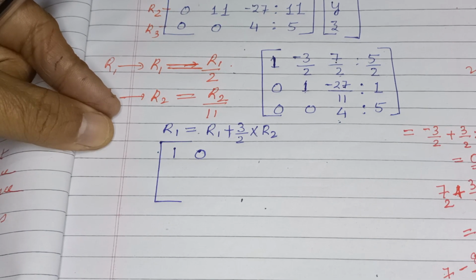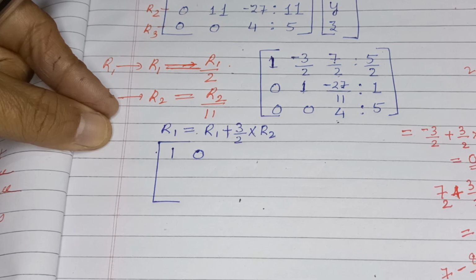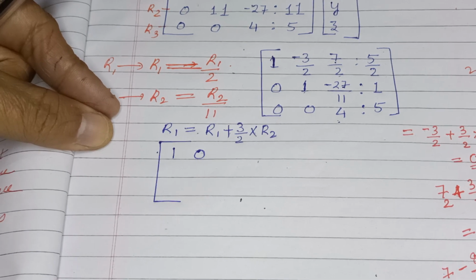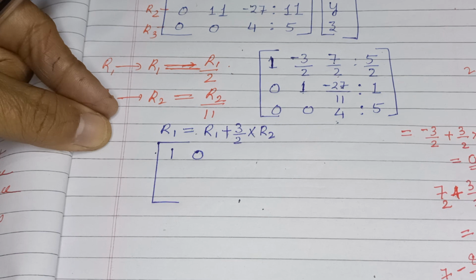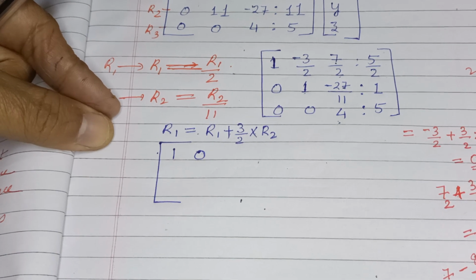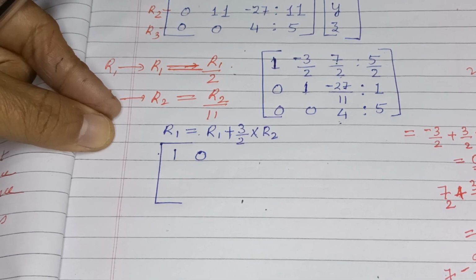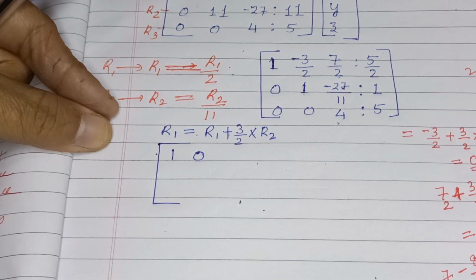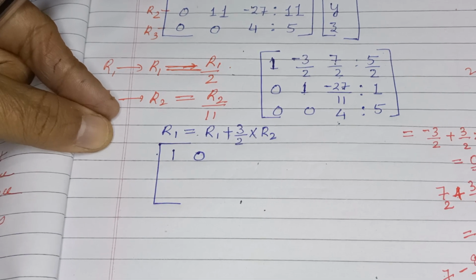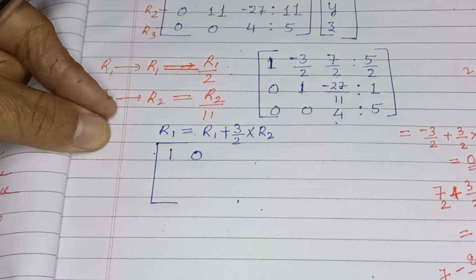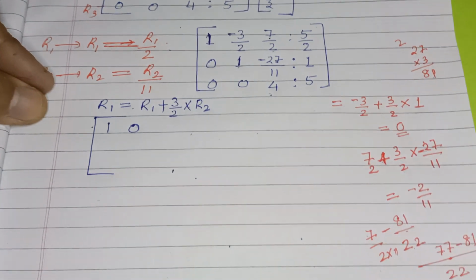How much do you get? 77, 78, 79, 80, 81, so 4. So minus 4 by 22, which is nothing but minus 2 by 11. So I think you are convinced now.